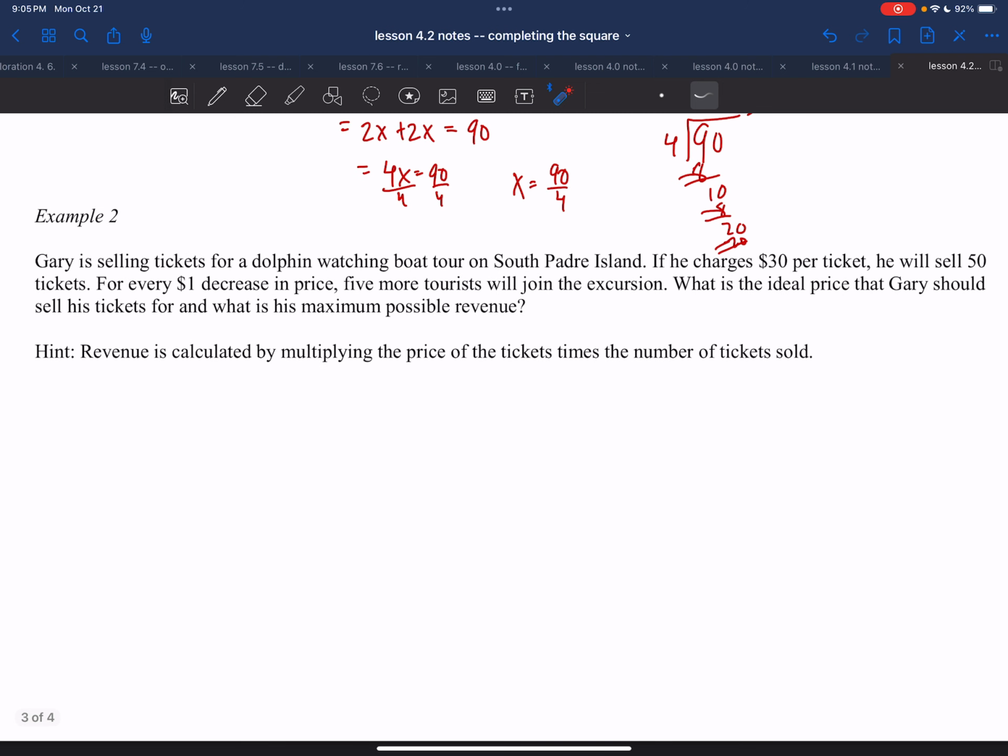Okay, example 2. It says, Gary is selling tickets for a dolphin watching boat tour on South Padre. Oh, I remember making this problem last year because I was going to South Padre Island to watch dolphins. And I did see some. It was actually kind of cool. It wasn't that expensive, I guess. I think it was worth the money to go see the dolphins. I didn't get to pet them though, so whatever.